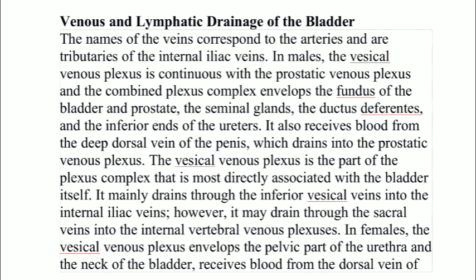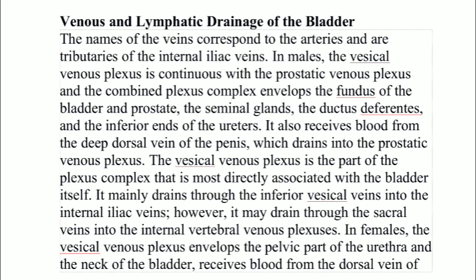So the vesical venous plexus mainly drains through the inferior vesical veins into the internal iliac veins, but it may drain through the sacral veins into the internal vertebral venous plexuses. In males, the vesical venous plexus envelopes the pelvic parts of the urethra and the neck of the bladder.